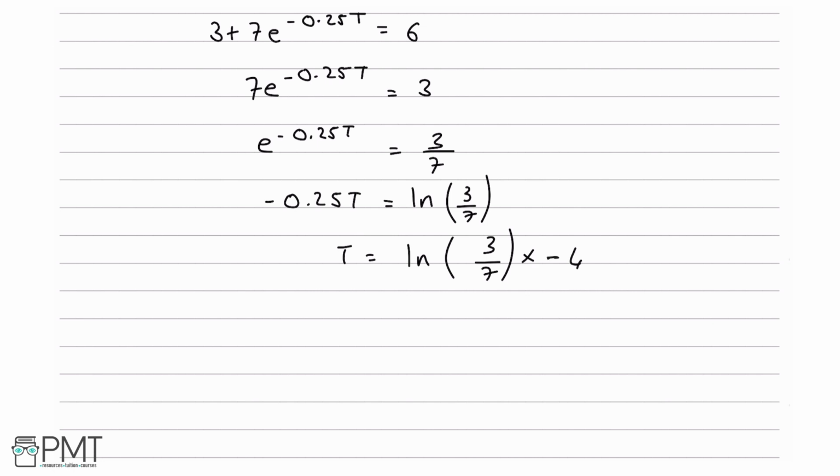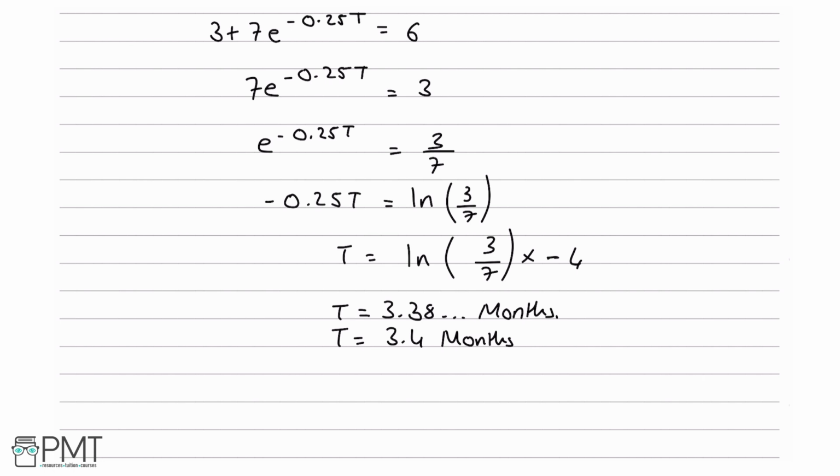If you put this into your calculator, you would get T equals 3.38 etc. months. I'm going to round it to 3.4 months. So therefore T equals 3.4 months.